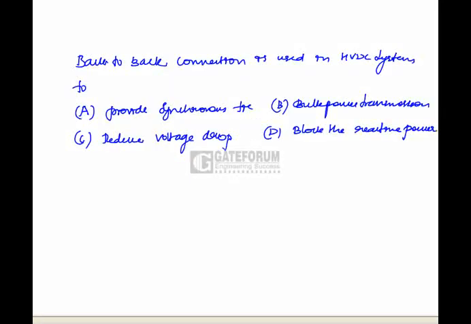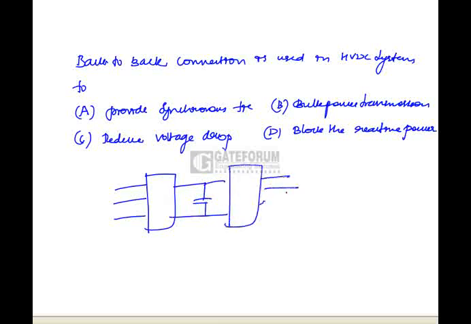Back-to-back connection is used in HVDC systems to provide synchronous tie, or bulk power transmission, or reduce voltage drop, and he has given the last option as to block the reactive power. If you see the back-to-back connection in an HVDC transmission line, this is converting 3-phase to DC, and then we have to convert from DC to AC.